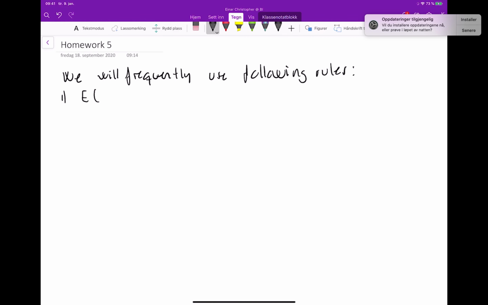The expectation of ax plus by plus c is equal to a times the expectation of x plus b times the expectation of y plus c. So the expectation of a number, a constant c, is just c.